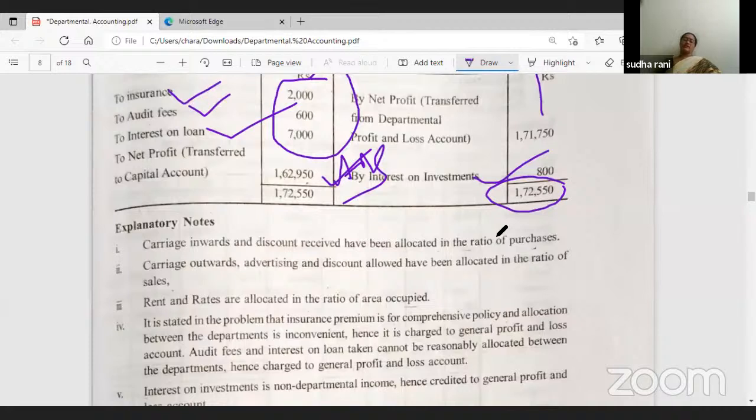So remember, sales and distribution related expenses are apportioned on the basis of sales, and purchases related expenses on the basis of purchases. Area or floor space related expenses we distribute on the basis of floor space occupied. Okay, that's all with the departmental accounts.